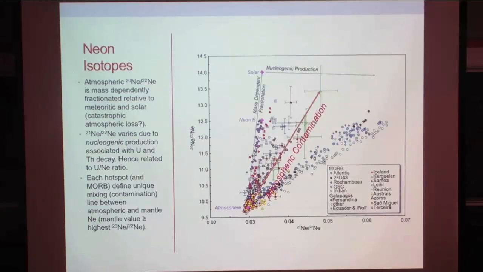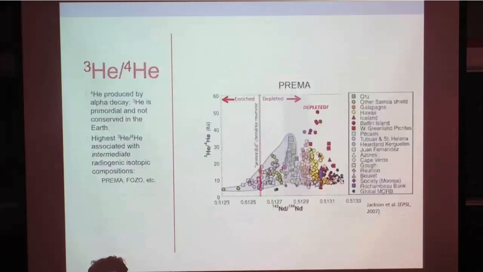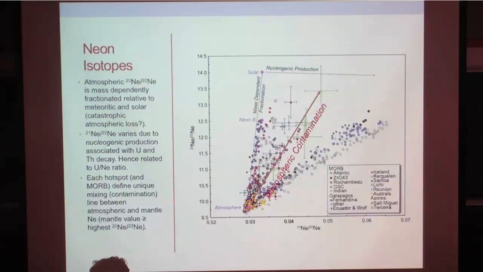What we see is these various islands and mid-ocean ridge basalts all produce arrays like this, pointing back to the atmosphere. So that's largely atmospheric contamination. Somewhere between collecting the sample and getting it into the lab, you've gotten some atmospheric neon in there. So it's really the highest points that we're interested in: where do these lines end, and how far can we extrapolate them, that sort of thing.